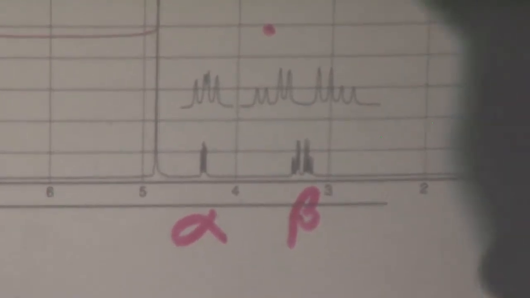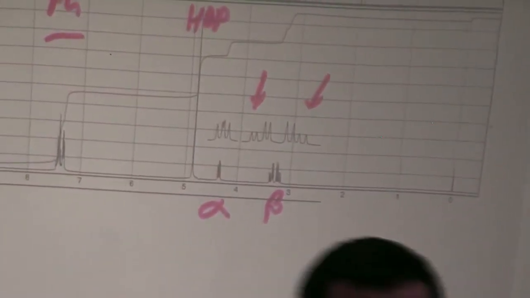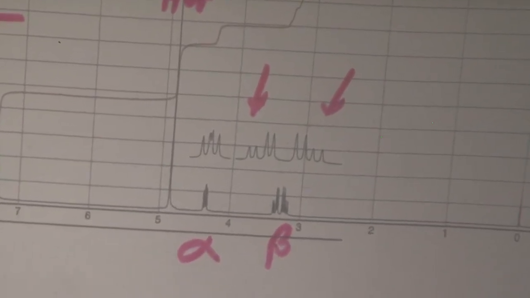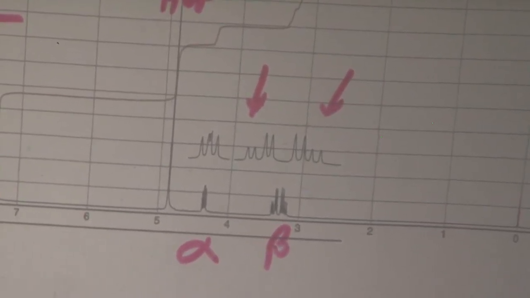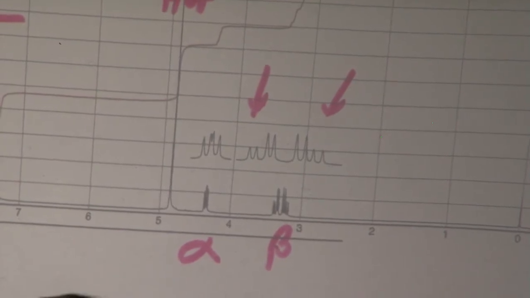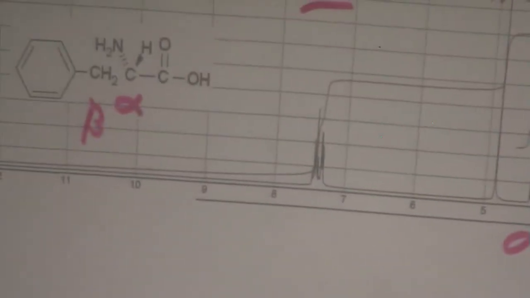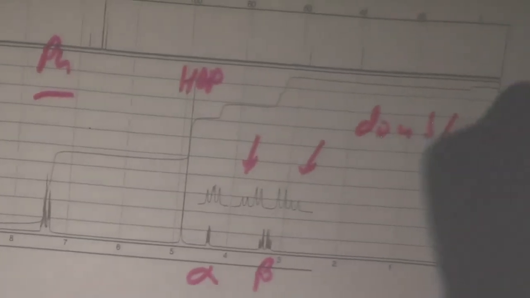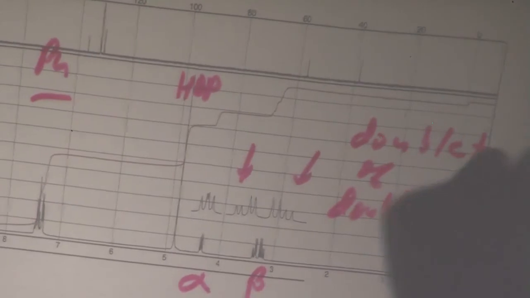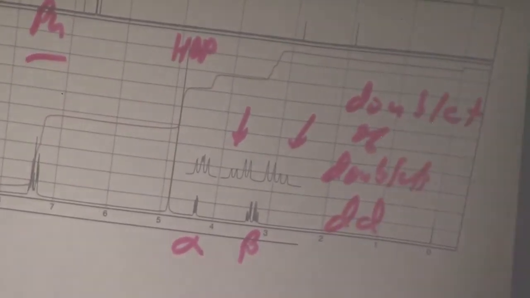Each of the beta protons appears at, and these are expansions here, distinct positions. They're not the same. They're not chemically equivalent. They could be coincident, meaning appearing at the same position, but they are not. And so they appear at different positions. And what's more, each of them is a doublet of doublets, or DD.